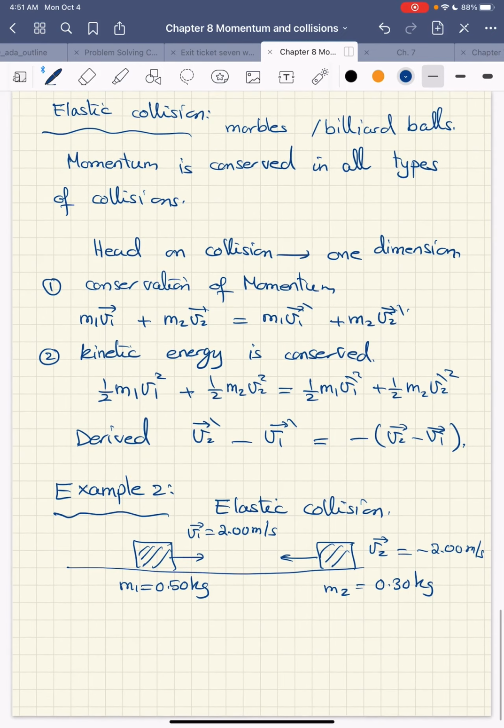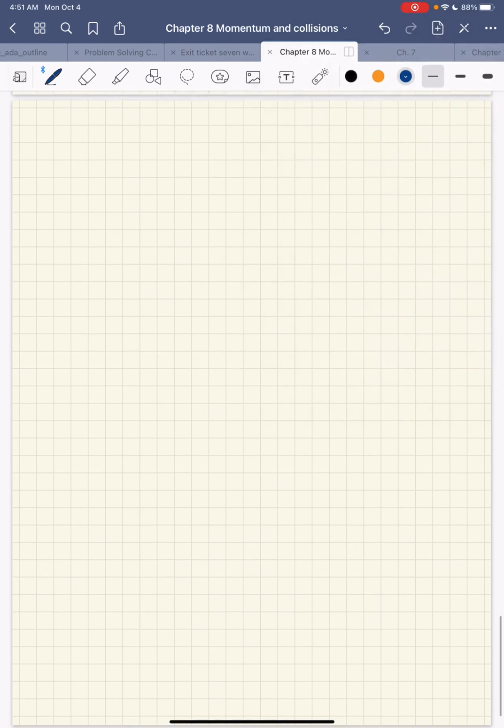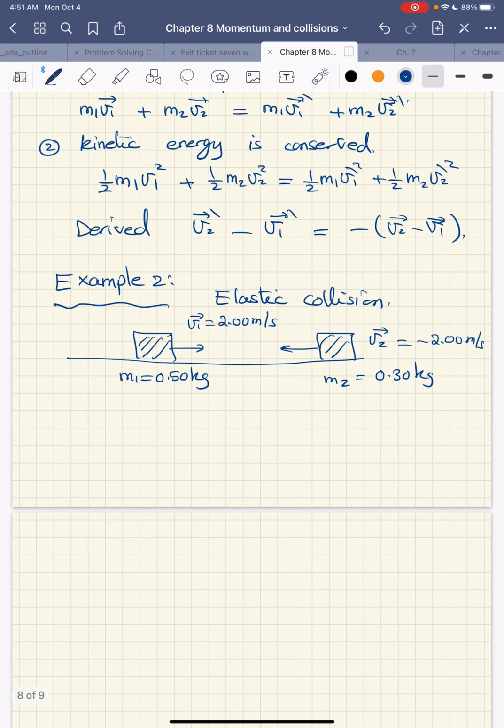Now, in order for me to calculate here, I don't have any velocities after collision given. Then the question is asking about the velocities of the two masses, assuming that this collision is elastic.